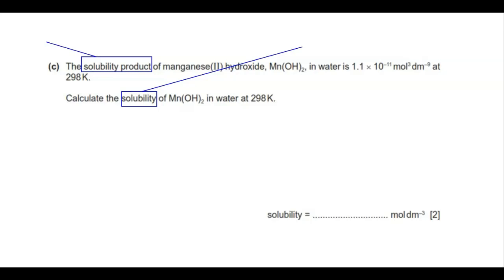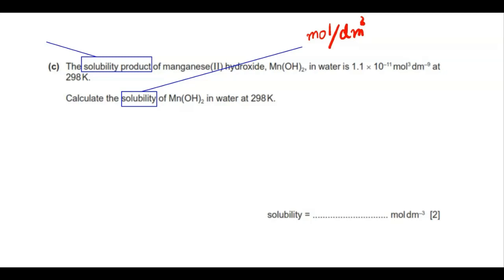So it is the amount dissolved in a given solvent. The amount can be measured in grams or in moles, so solubility has both these units, like mole per dm cube and gram per dm cube.